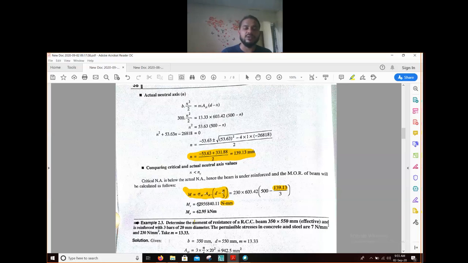We have to divide this value by 10 to the power 6, because from Newton to kilonewton is divided by 1000, and from millimeter to meter is divided by again 1000. So you just shift the decimal by 6 places. 1, 2, 3, 4, 5, 6. So it will be 62.95. You can see the value 62.95. The unit will become kilonewton meter.